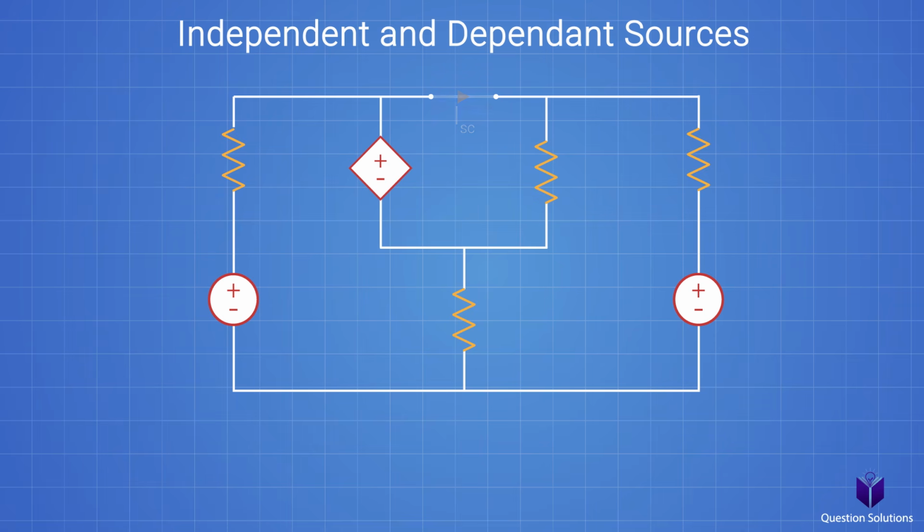So what we do instead is first calculate the open circuit voltage, VOC. That's the voltage between the terminals where our load used to be. Then we need to use this equation to figure out the equivalent resistance. We divide the open circuit voltage by the short circuit current and we get Rn, which is the same as Rth.